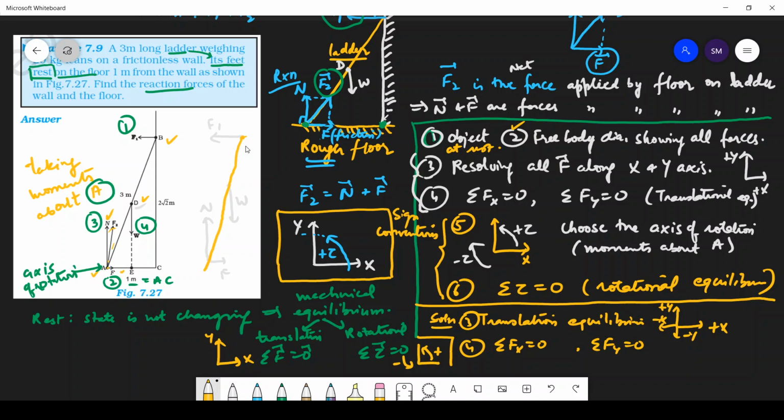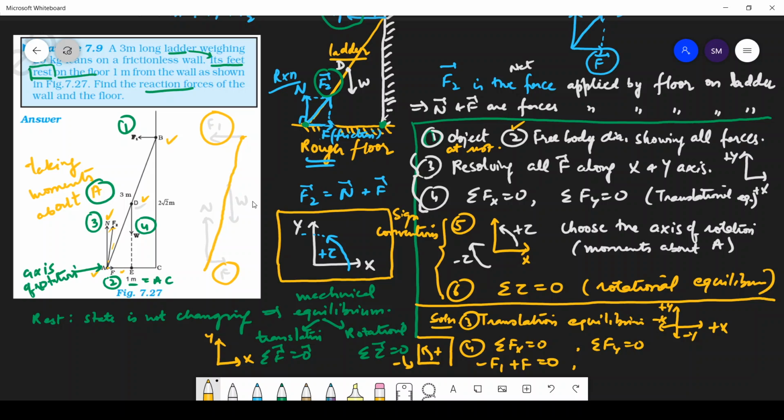So now tell me which force is along the x-axis. F1 and F. This is along the negative x direction, so that is minus F1, and this is along positive x, so plus F. So minus F1 plus F equals 0. Now what about forces in the vertical direction?